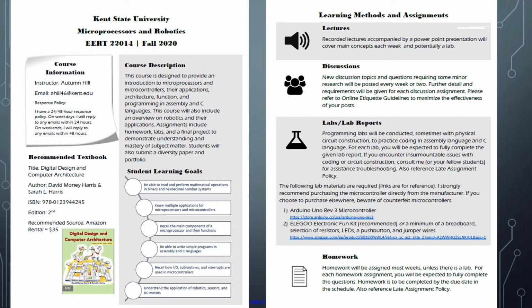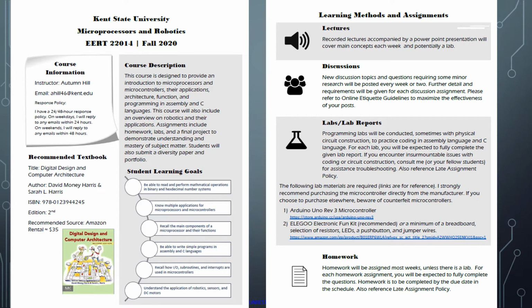So again, if you have all of this stuff that I've outlined here, you're good. You probably don't need to buy the kit, but if you don't have any of this, the kit is the quickest and easiest way to get all of these. And I think the kit is like $11 or $12 on Amazon. So again, really affordable, and hopefully you'll continue to use the microcontroller and components long after the course for personal projects. There's a lot you can do with these.